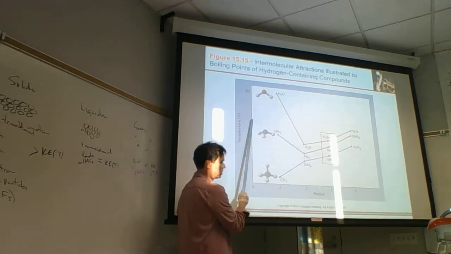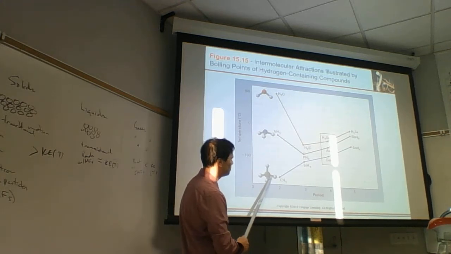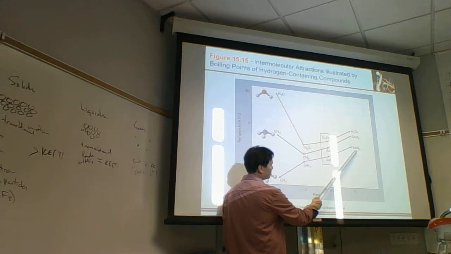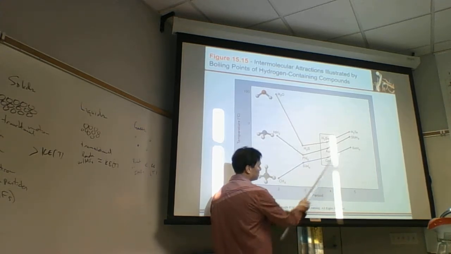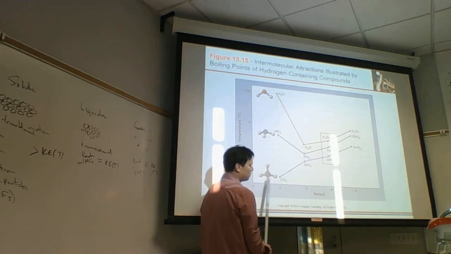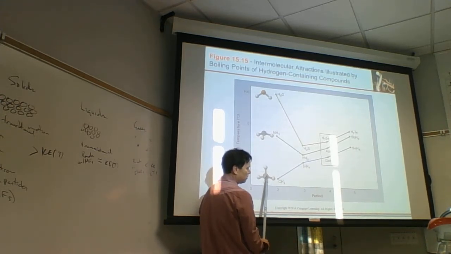One thing to also see is this is methane here at the bottom. At the top of this is tin tetrahydride. Methane and tin tetrahydride are nonpolar. That is, they don't have a permanent dipole. Instead, they rely on instantaneous dipole, induced dipole.